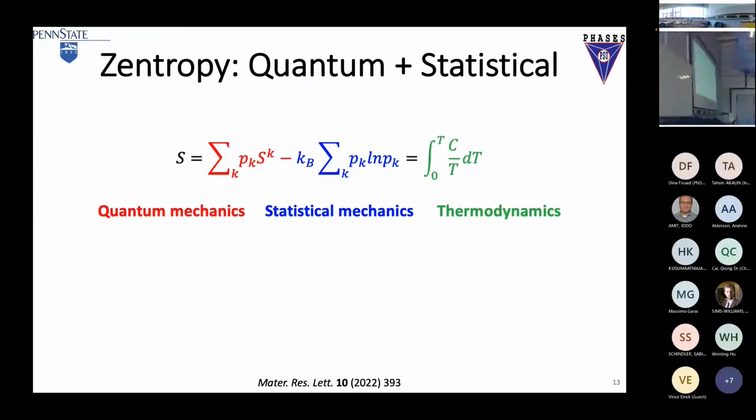The red one is that you need to sample the internal degrees of freedom. So if you sample all the internal degrees of freedom, then you will get all the states. Then you calculate the energy using commercial code or open source code. There are a lot of them, more than a dozen.